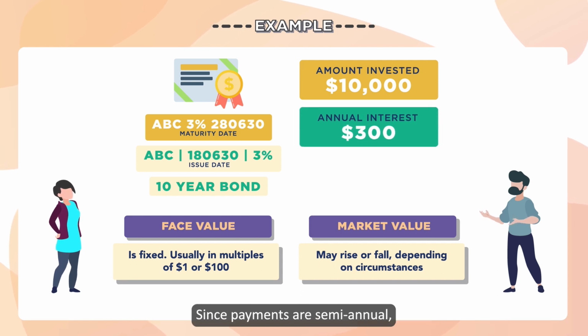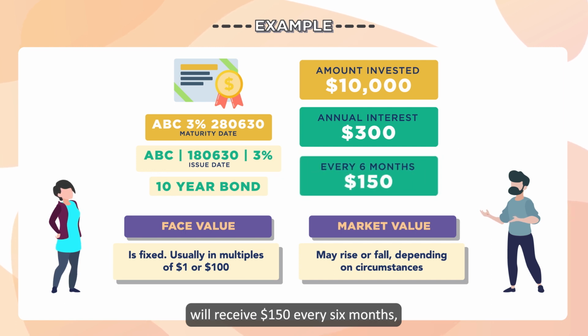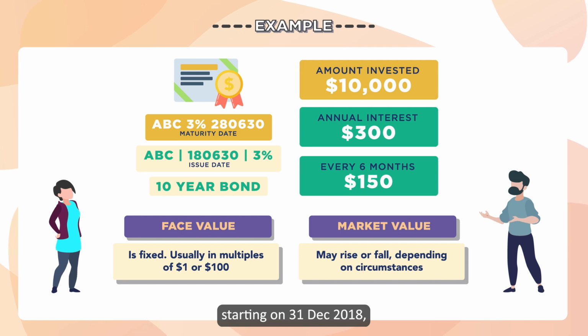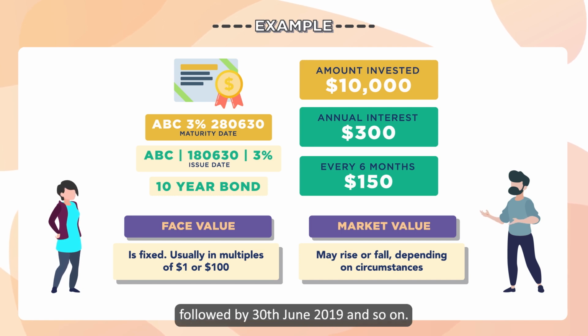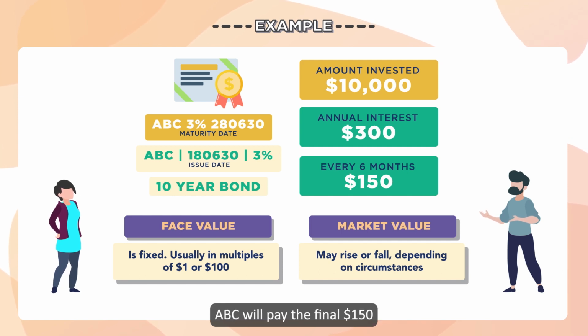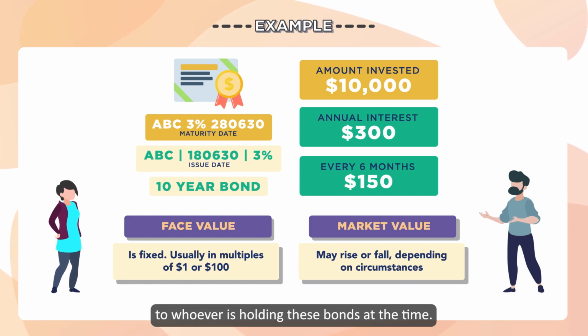Since payments are semi-annual, this means that the investor will receive $150 every 6 months, starting on 31st December 2018, followed by 30th June 2019, and so on. On the maturity date of 30th June 2028, ABC will pay the final $150 and the face value of $10,000 to whoever is holding these bonds at the time.